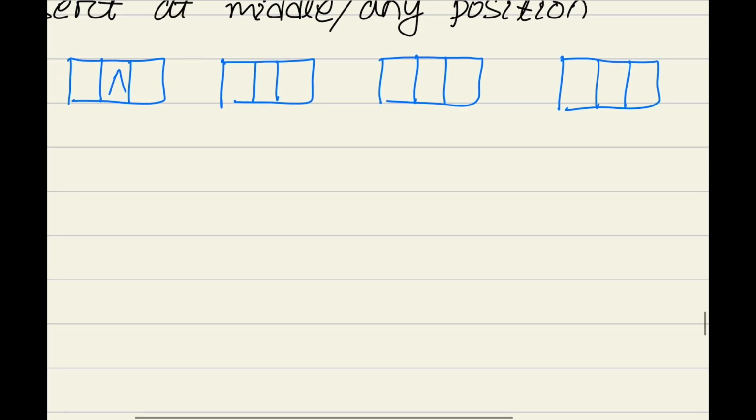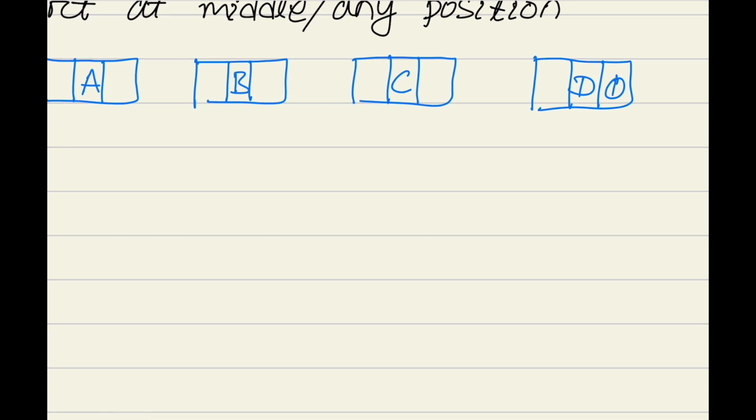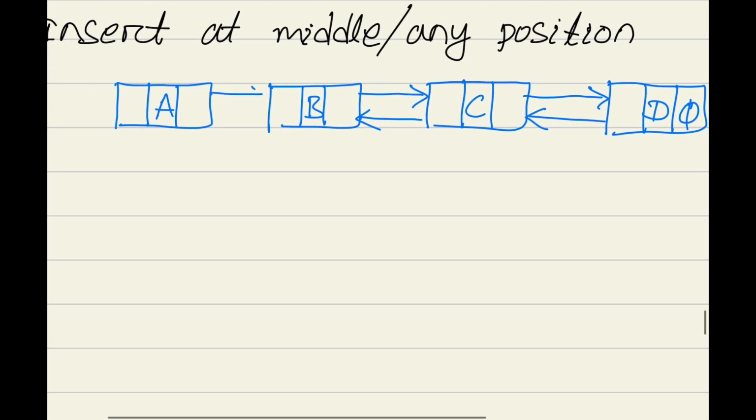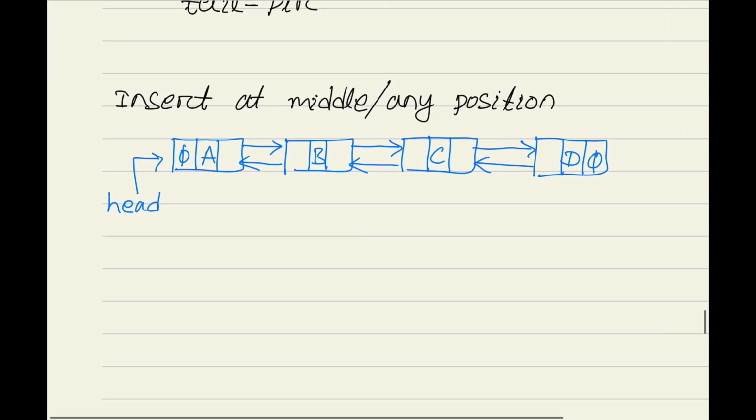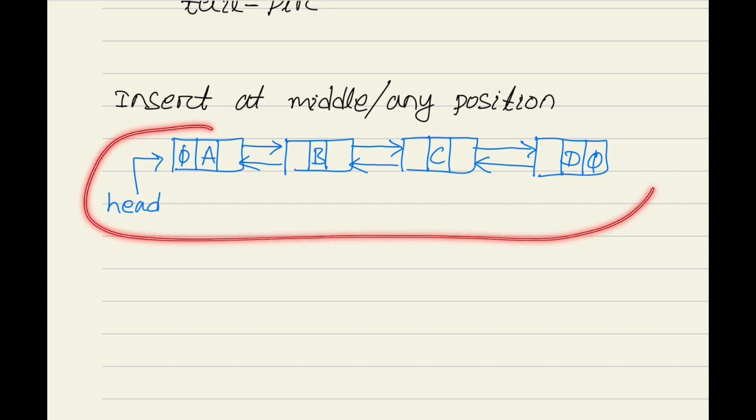So assume this is A, B, C, D. The next of D is null, the next of C is D, the previous of D is C. Similarly, you can write the next and previous. And head is going to refer to this one, to A. So assume this is the given linked list.